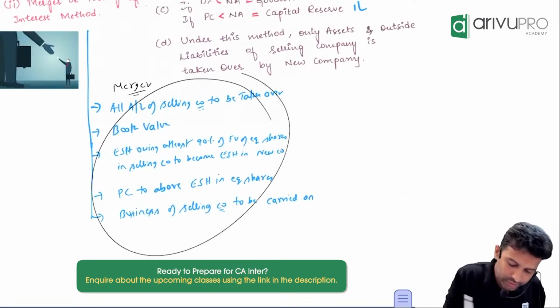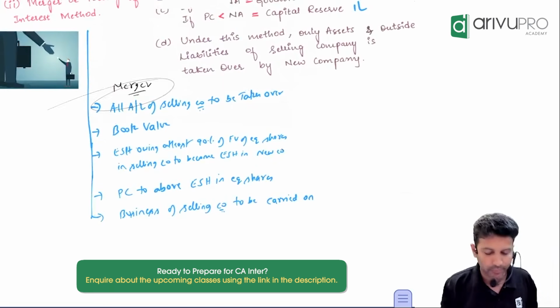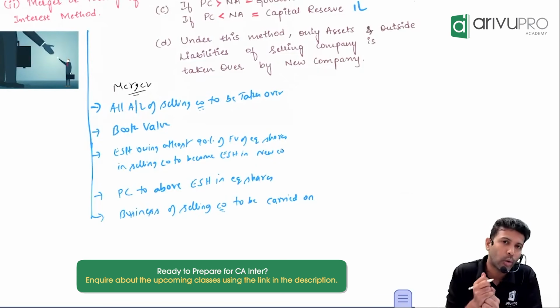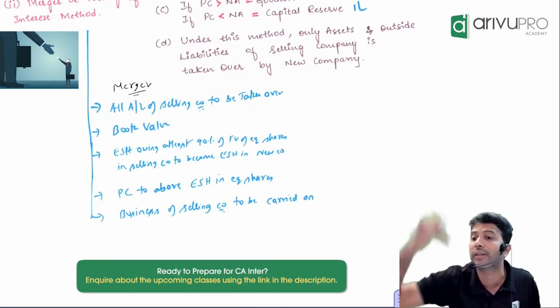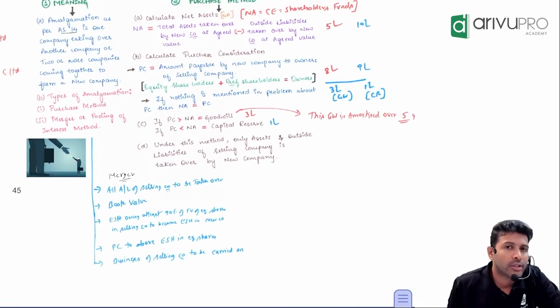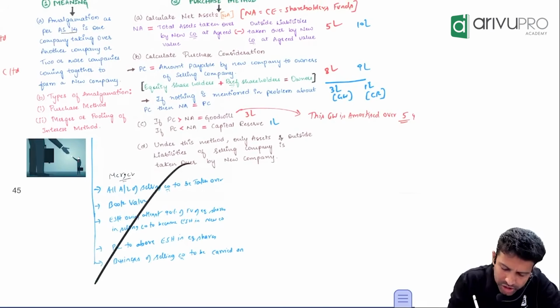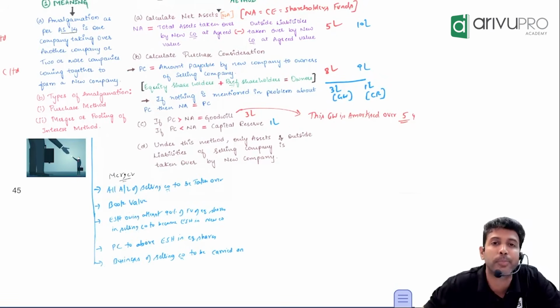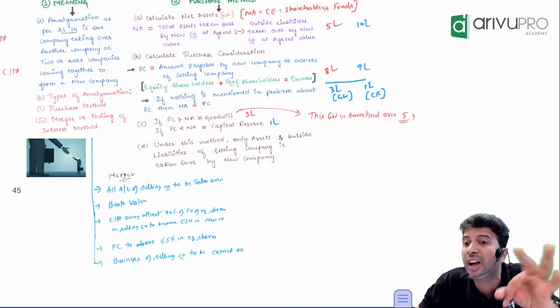If all these five are satisfied, it becomes what? Merger. Even if one of these fails, it becomes purchase. That's how to identify whether it is a purchase or a merger. Any confusion in this? Usually the question will not ask you to test this, because the question will specify whether it is a purchase or a merger.